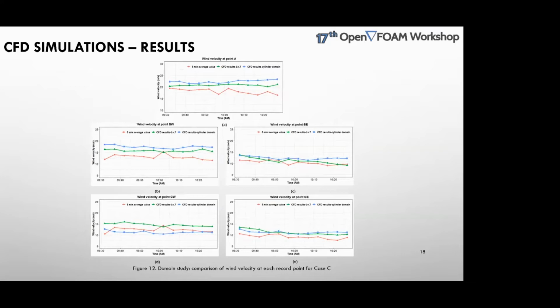When you come to the largest yaw angle among the three cases, the cylinder domain can still make a good estimation, but the green line, which is the rectangular domain results, provides better performance most of the time. So it shows that after changing to large yaw angles, the cylinder domain didn't show enough robustness.